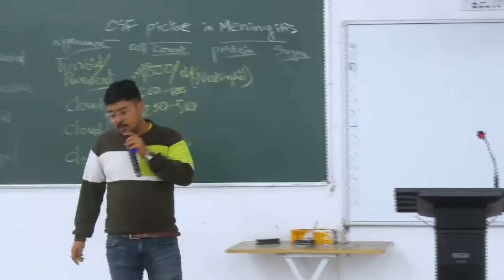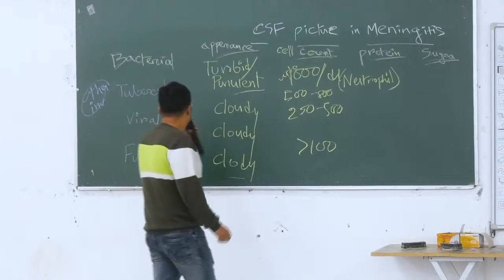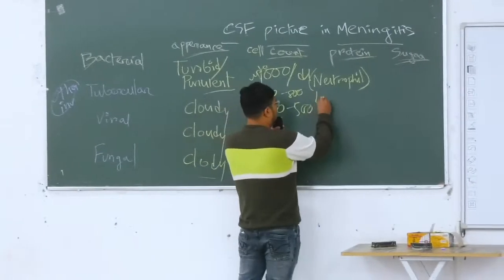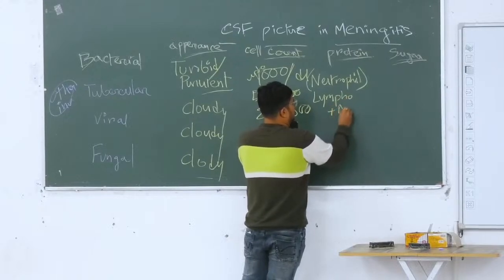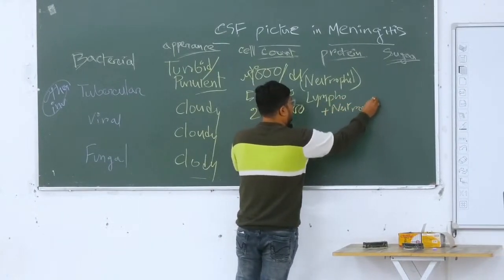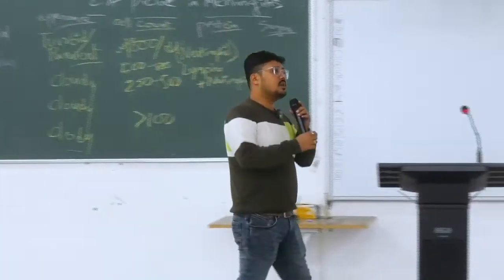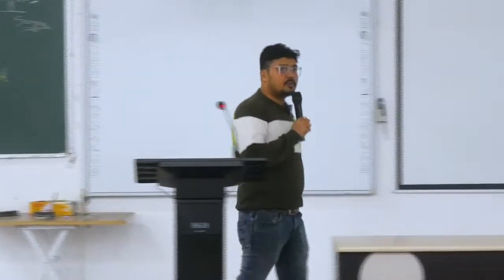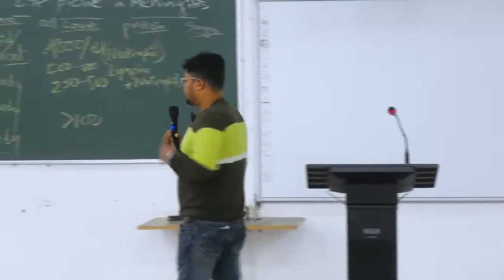But in tubercular meningitis, the cellular population is mostly mixed. It is both lymphocytes and neutrophils. So in tubercular meningitis, the increased cellularity is attributed to a mixed population of lymphocytes and neutrophils.